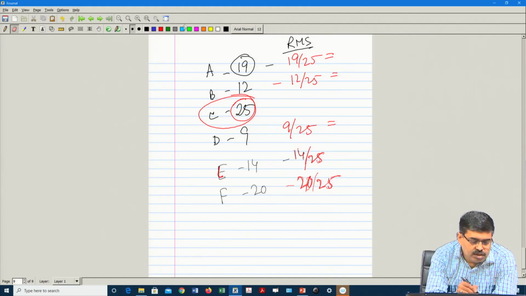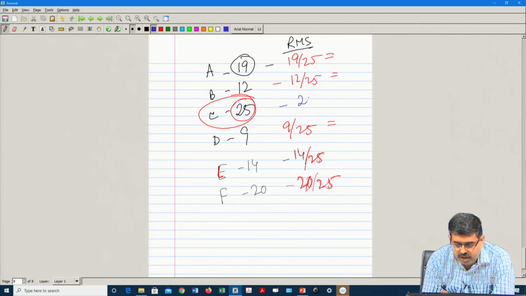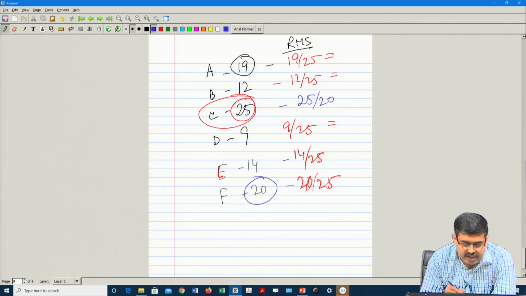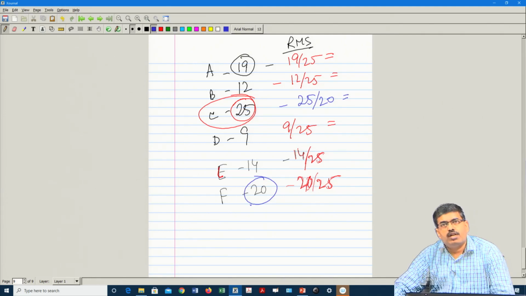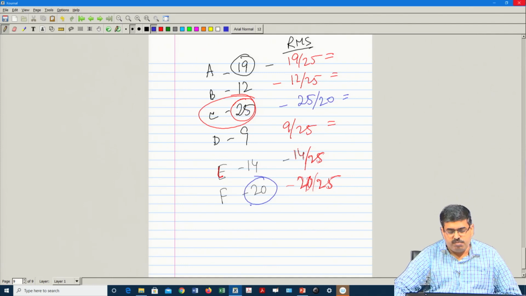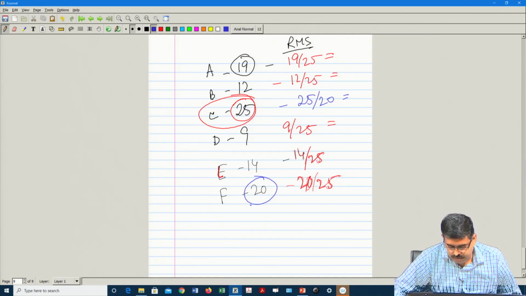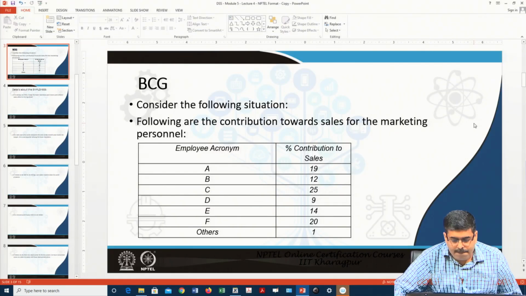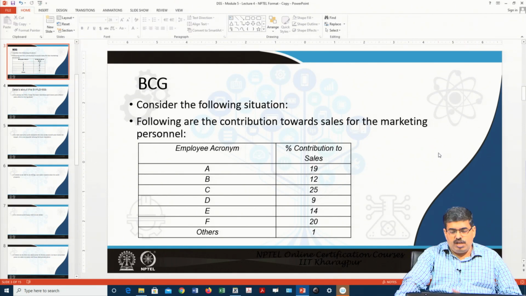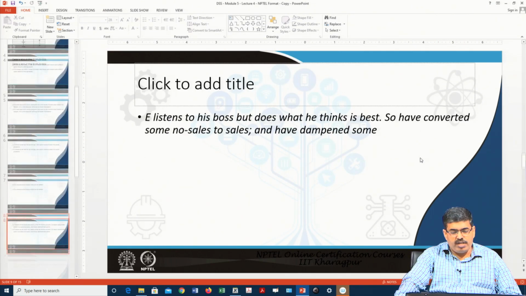Basically, here C's market share will be 25 by 20. That is the next best player. Clear? So, this is your table. We have got the relative market share.